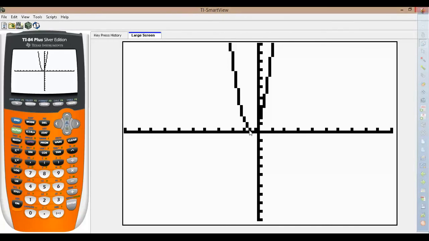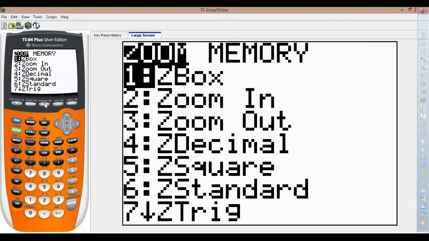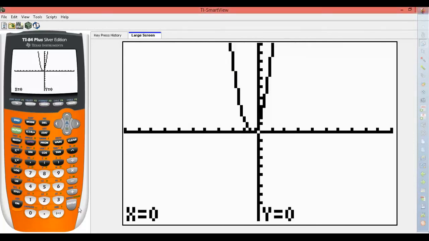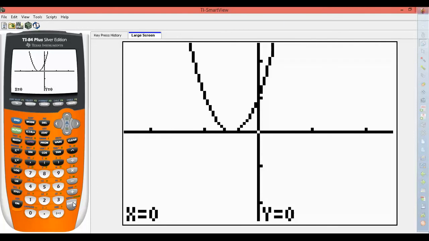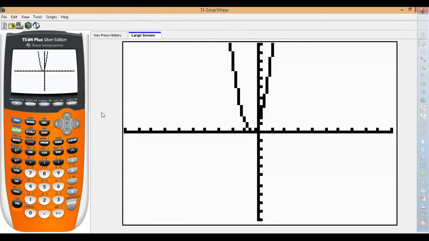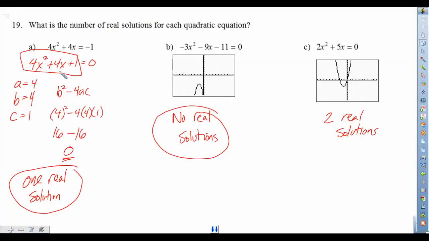Who knows, maybe it just minusculely crosses twice, maybe it doesn't even touch at all. I'd much rather not have you sit here and play this zoom-in game trying to figure out if it really does cross twice or once or not at all. Instead, if you feel like it's that darn close, then just go ahead and do the discriminant business on it with b squared minus 4ac.